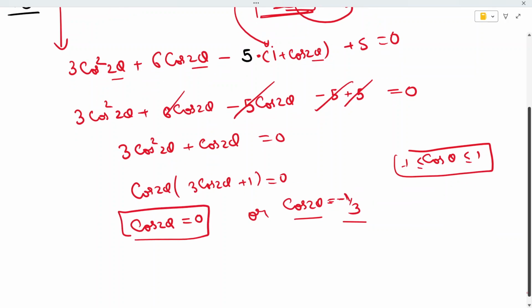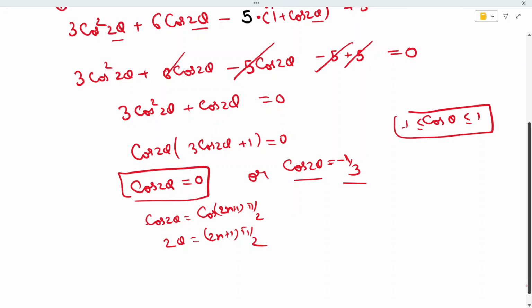When cos 2 theta is 0, cos is 0 at odd multiples of pi by 2, I know that. So 2 theta is equal to (2n plus 1) pi by 2. Now theta is (2n plus 1) pi by 4.